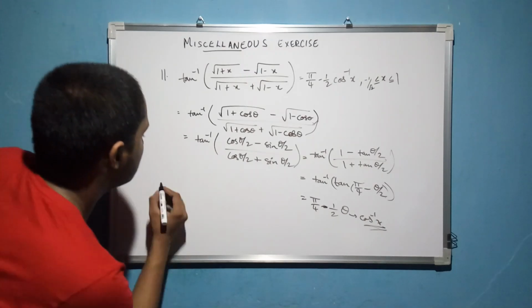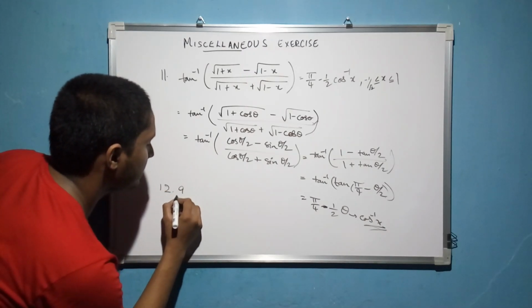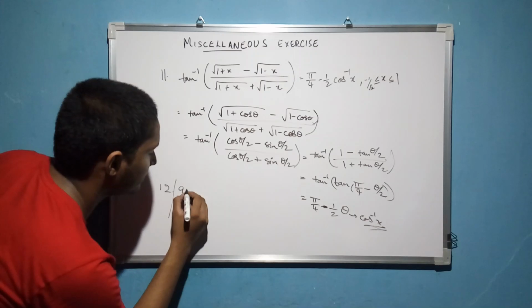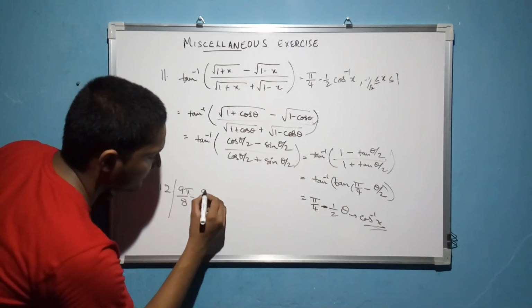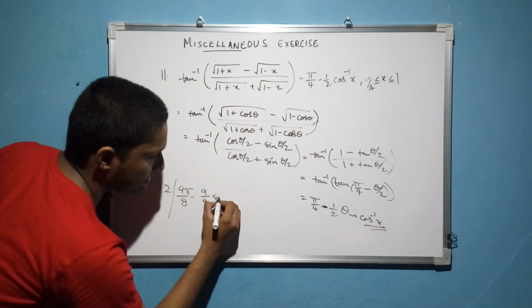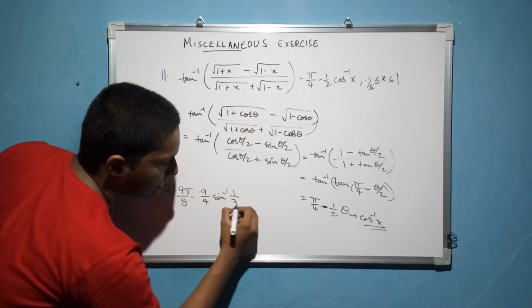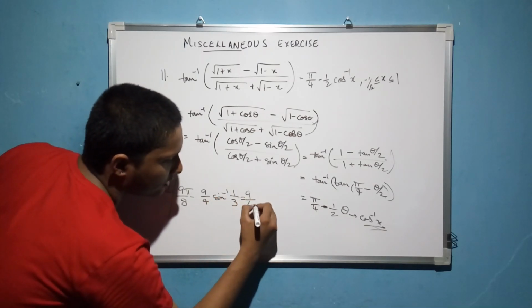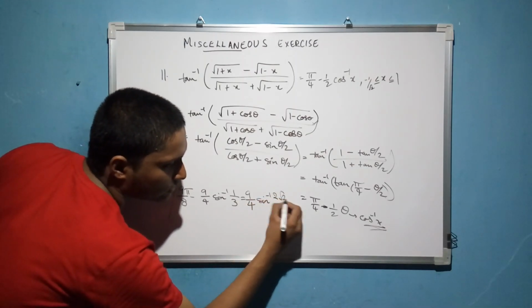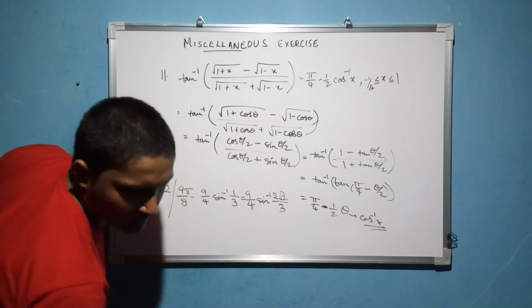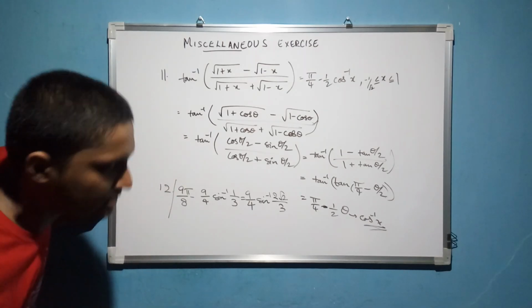Okay, now we have the 12th question. 9 pi by 8 minus 9 by 4 sin inverse 1 by 3 is equal to 9 by 4 sin inverse 2 root 2 by 3. Okay, this was the thing you got in this question.